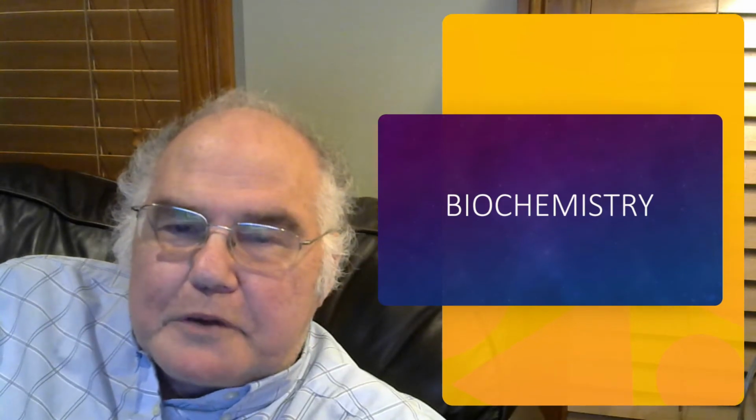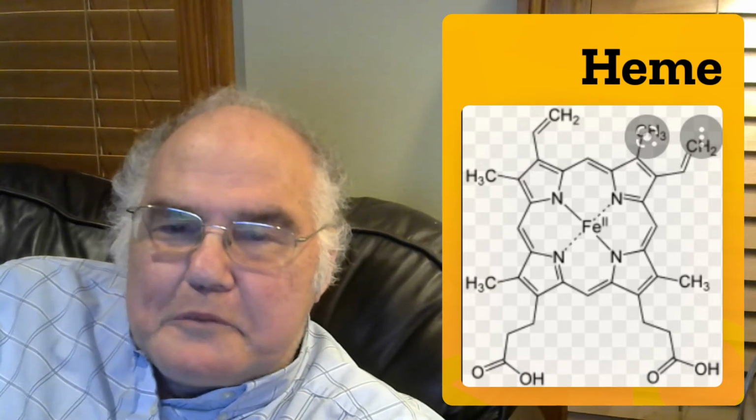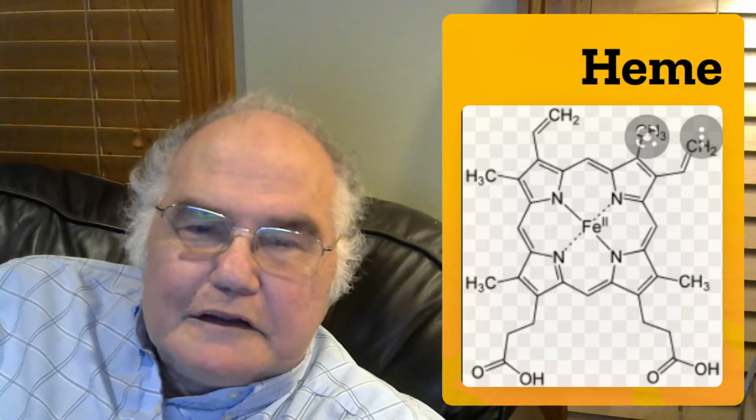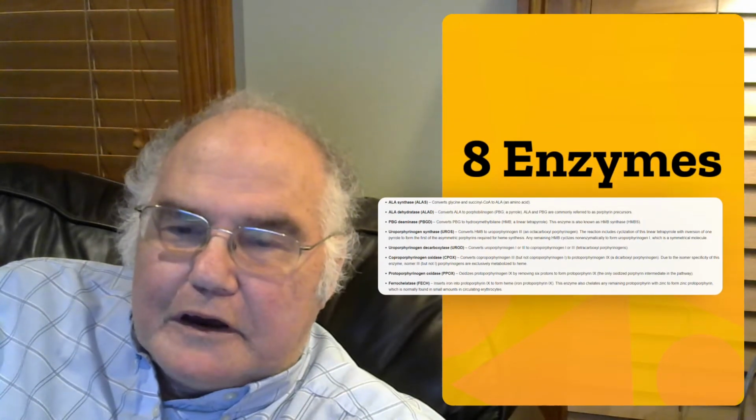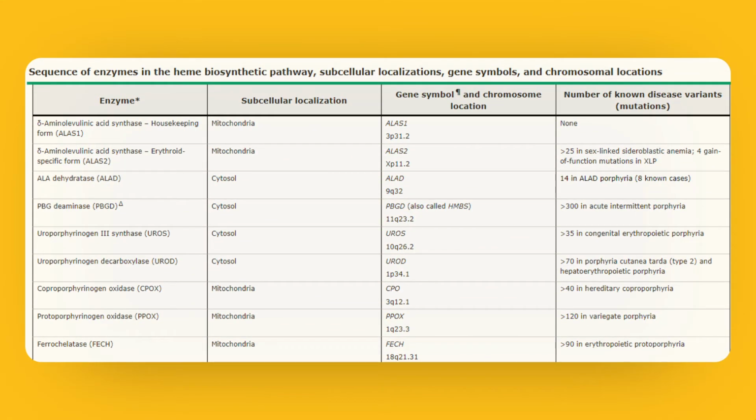And going a little bit more into the biochemistry, this, of course, everybody recognizes without even thinking about it as the heme molecule. And again, there are 8 different enzymes, which, if you would like to memorize them, you can come back to this video and stop it at this point, or actually stop it at the next slide, which shows in order the different enzymes that are necessary for heme production.